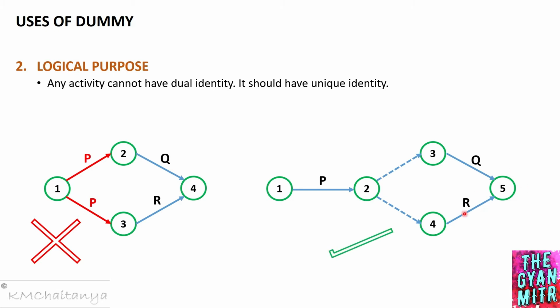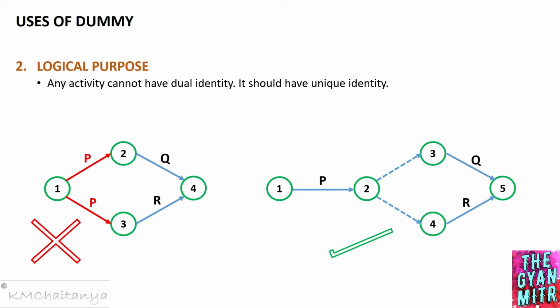And this would be the correct representation of an activity on arrow network diagram using the logical purpose of dummy, right? So these are the two reasons why we use a dummy activity. The first purpose was the grammatical purpose, right? The second one is the logical purpose.